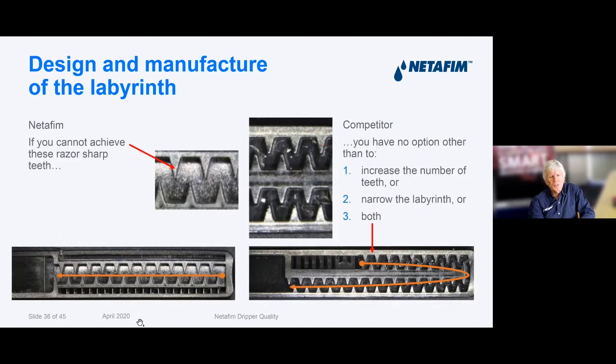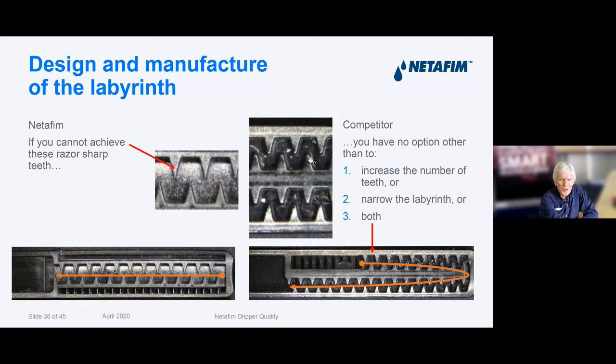If we just have a look at this more closely, the dripper on the bottom left is a Turan dripper. This was the generation before the current Aries dripper, but I'm showing you the principle here. On the left, I've blown up one of the pictures, and as I say here, if you cannot achieve these razor-sharp teeth, then, as I go on the right, let's have a look at the blow-up picture of the competitors.